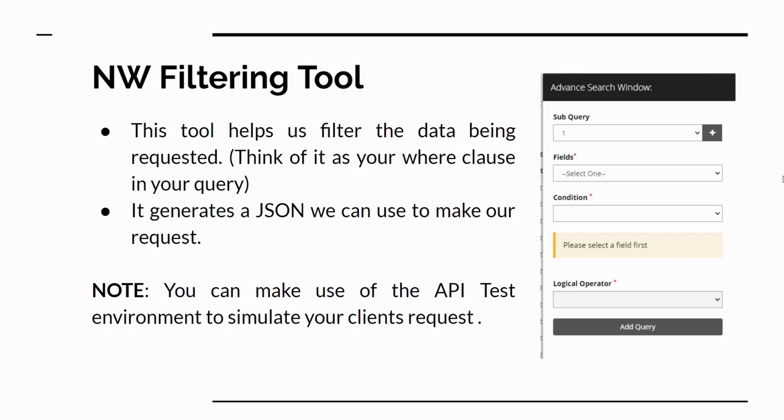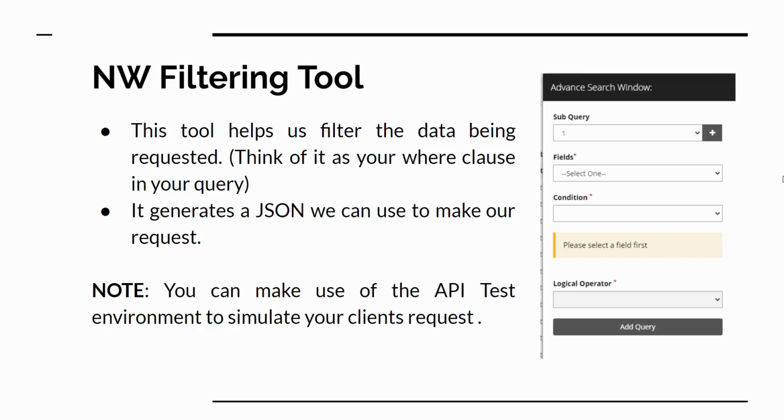If you use the NW filtering tool to specify the data you're looking for, it will return a JSON that you can copy and use to make your request. So it's just a handy tool to help you quickly generate your JSON, so you don't have to bother writing the JSON yourself.